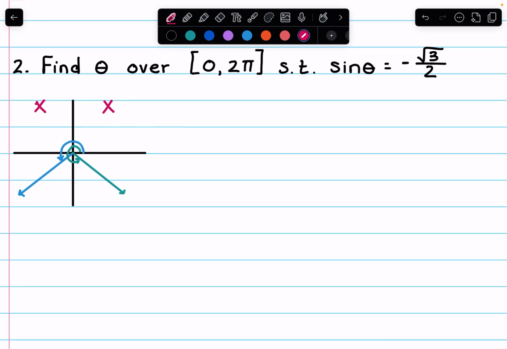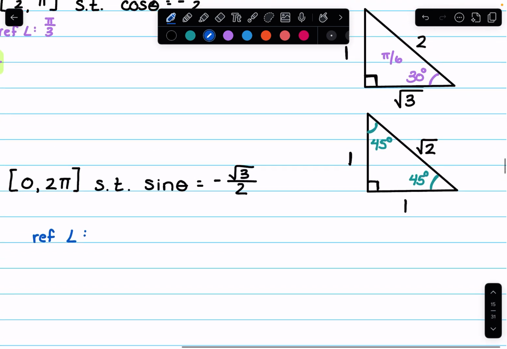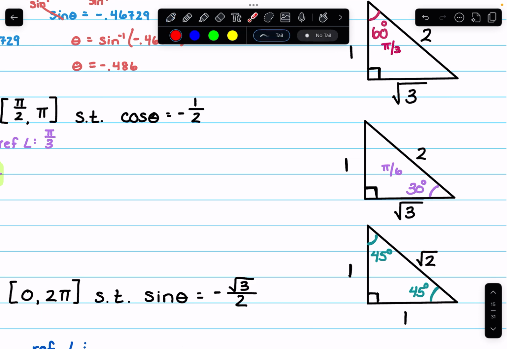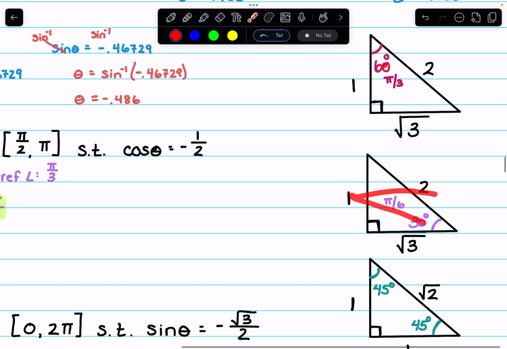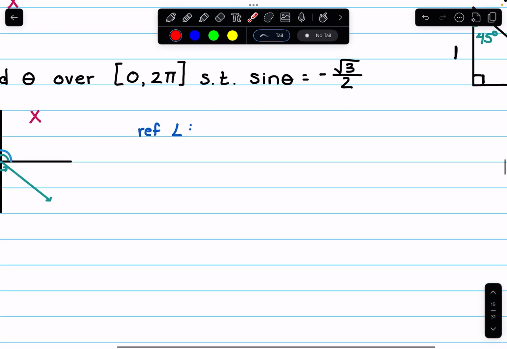So I'm going to find my reference angle. I'm going to go to my triangles. And I'm going to do sine, and I need to get the square root of 3 over 2. Again, if I went here first, sine would give me a half. That's not right. If I did here, sine would give me square root 3 over 2. So pi over 3 again.